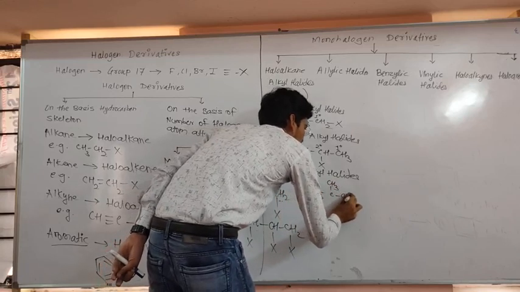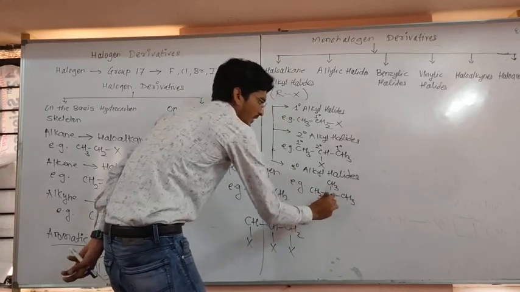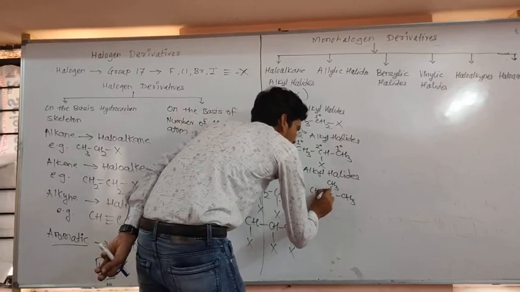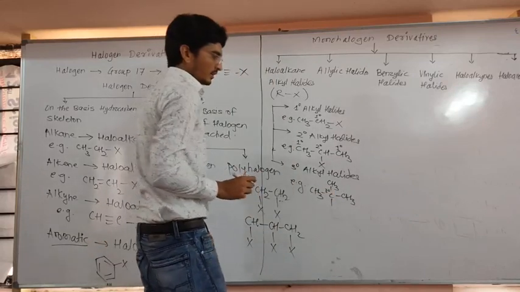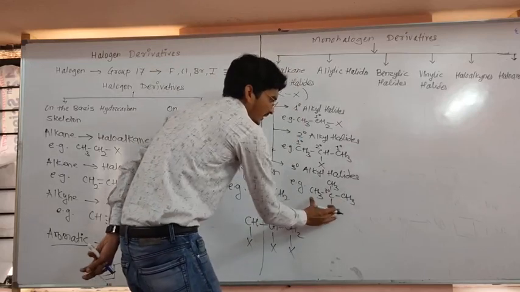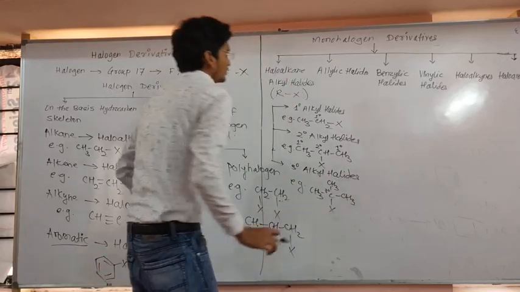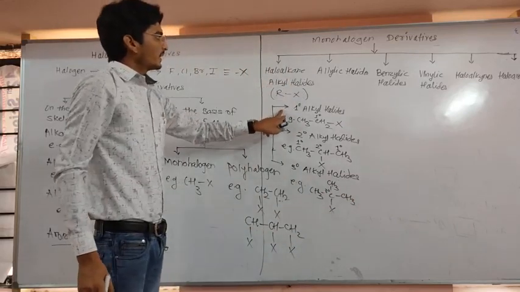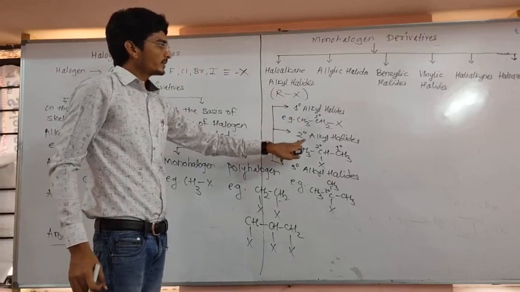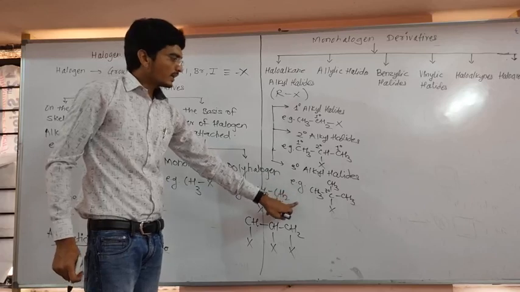In this case, the center carbon is attached with three other carbons, so that's why it is a tertiary carbon, and that tertiary carbon is attached with halogen. That's why it is an example of the tertiary alkyl halides. So in this way, alkyl halides are again classified into primary, secondary, and tertiary alkyl halides.